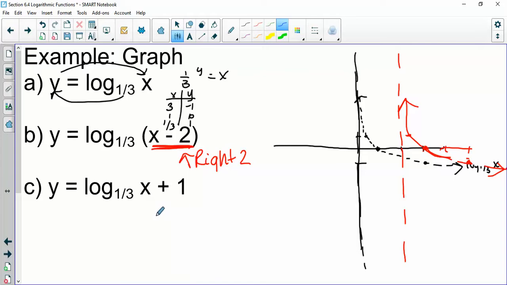Last one. What would this one do? When you go up, will this asymptote move? No, it's taking that original black dashed line and moving each of them up 1. So you graph your parent function and then all the same transformations that we have been doing.